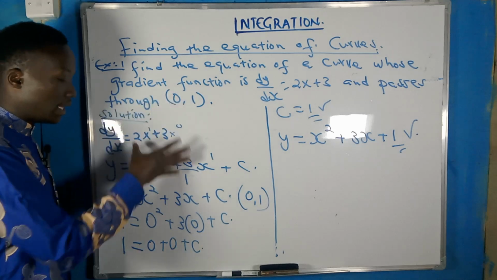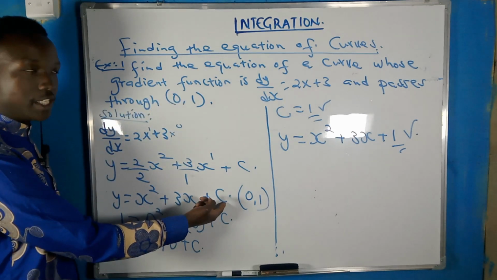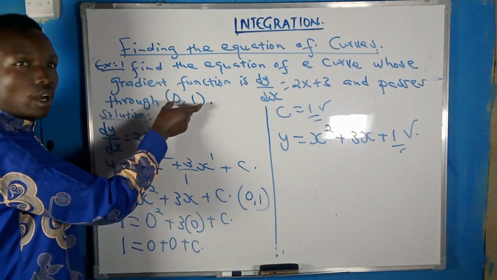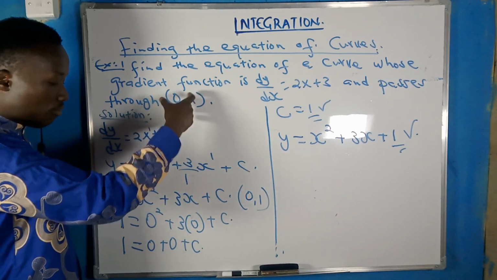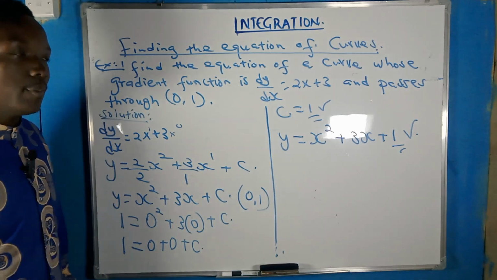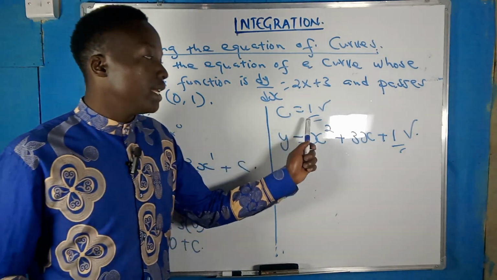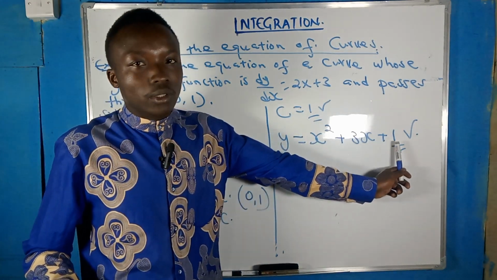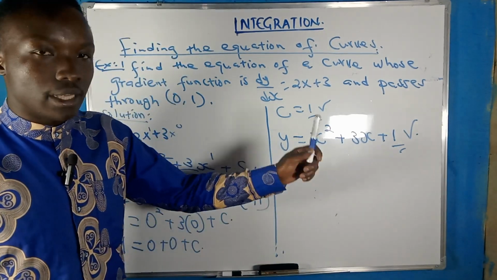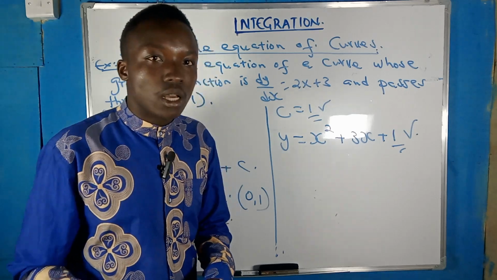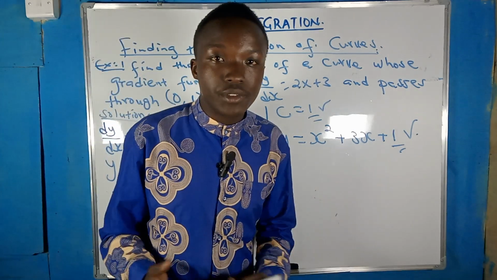The first step, you find the integral in form of c, then substitute the coordinates where the curve passes into the equation and determine c. After determining the value of c, substitute it back to where it was, which is at the end of the equation, to determine the equation of the curve. So that is how we determine the equation of curves.